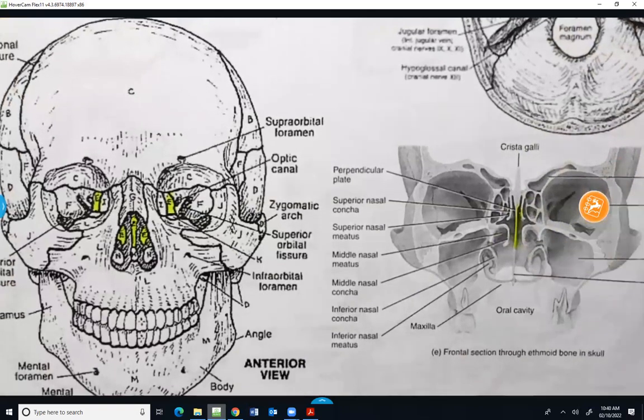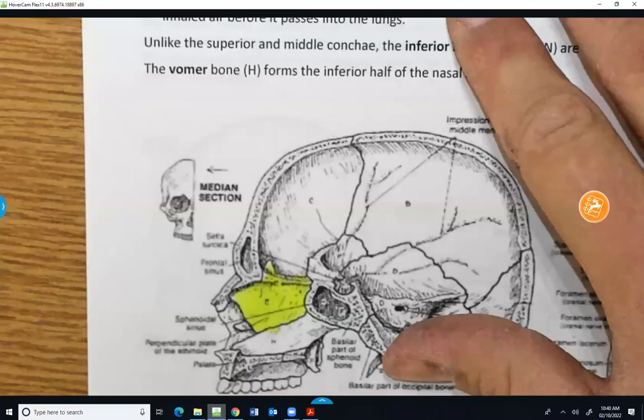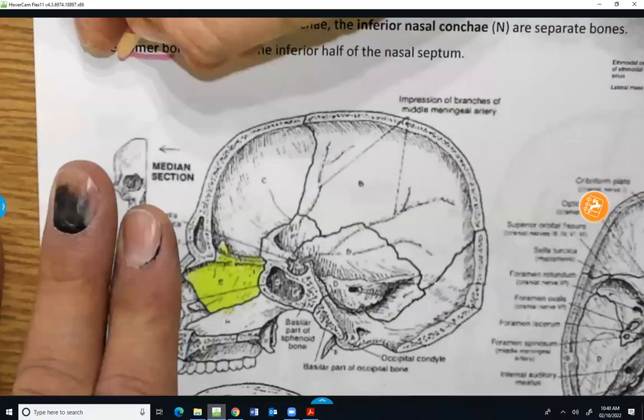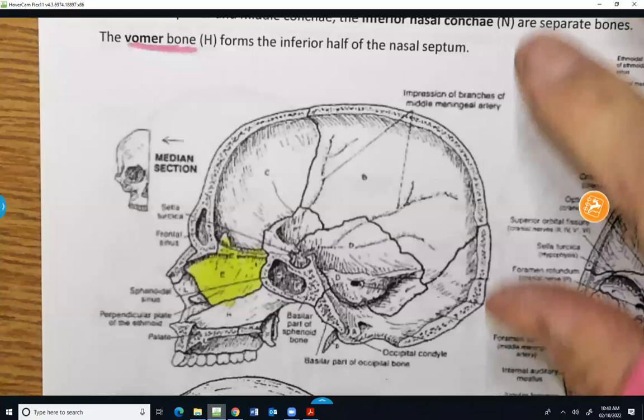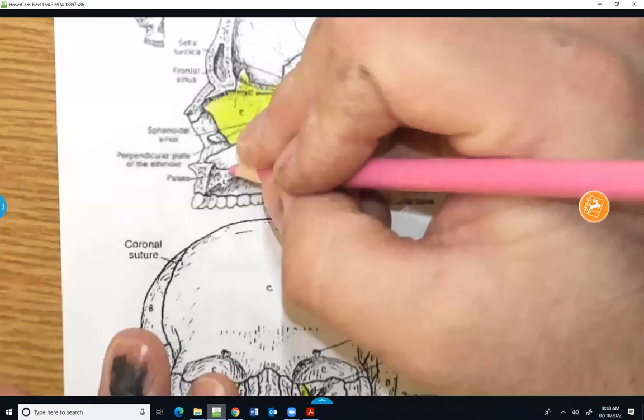Now the nasal septum, and I'm going to go ahead and color the final bone that's listed here, is not just contributed by way of the ethmoid, but the vomer as well. It forms the inferior half of the nasal septum.